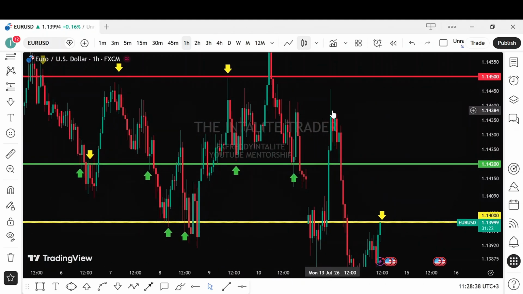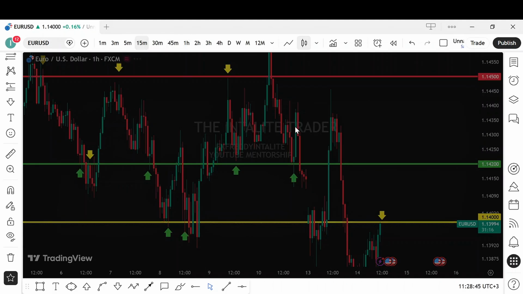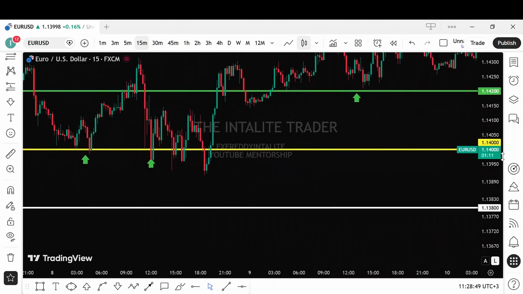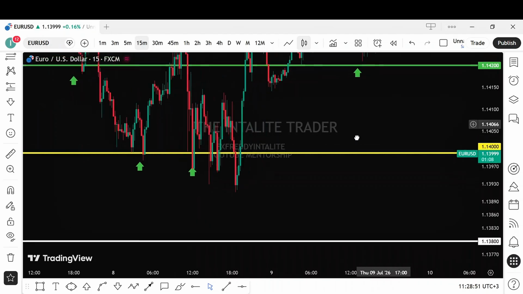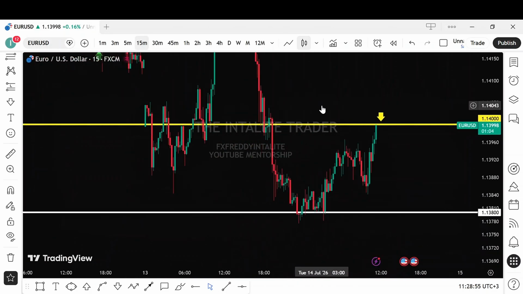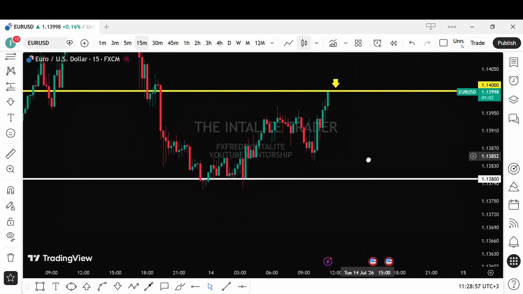Now, this is not enough for you to see, but let's go to the 15 minutes time frame. As we said, these are intraday trading levels. Don't mark these levels and rely on them on the higher time frame.